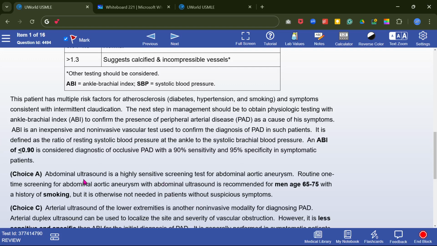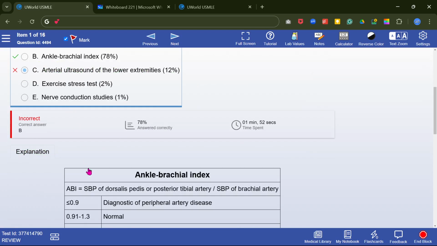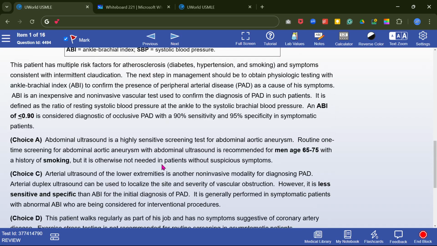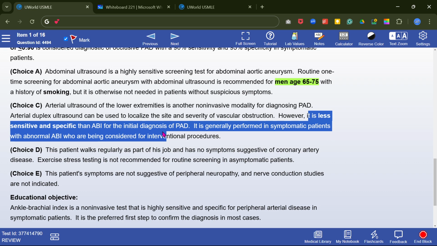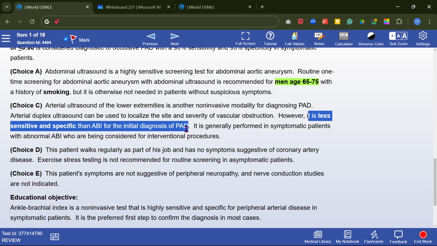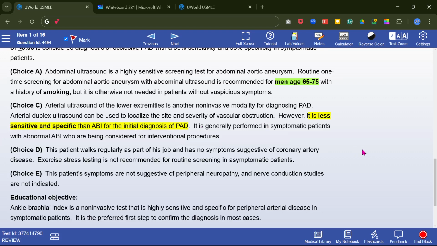Why are we not doing an abdominal ultrasound? Age is 50. Abdominal ultrasound for abdominal aortic aneurysm is for men aged 65 to 75 with a history of smoking. Why are we not doing the arterial ultrasound of the lower extremity? It is another non-invasive modality for diagnosing PAD. However, it is less sensitive and specific than the ankle brachial index for the initial diagnosis of peripheral artery disease.